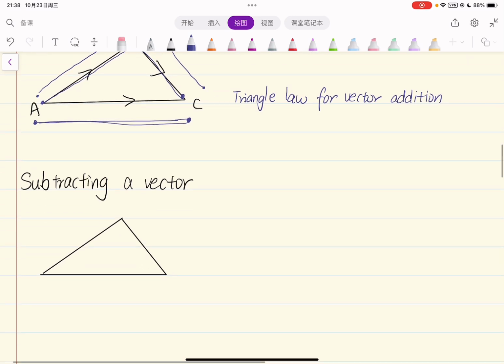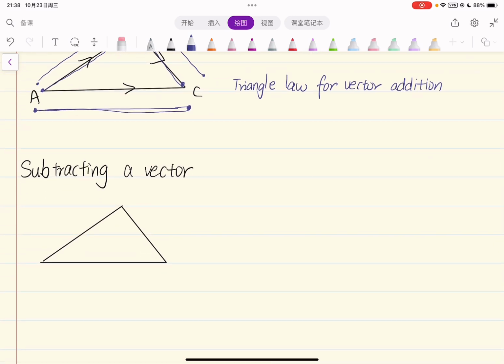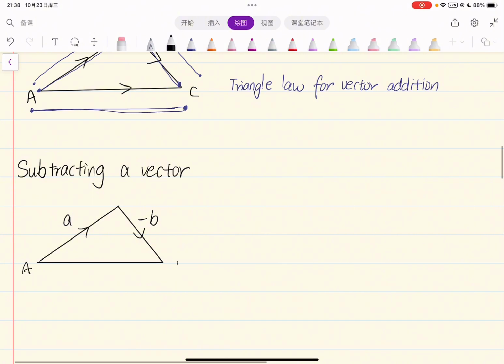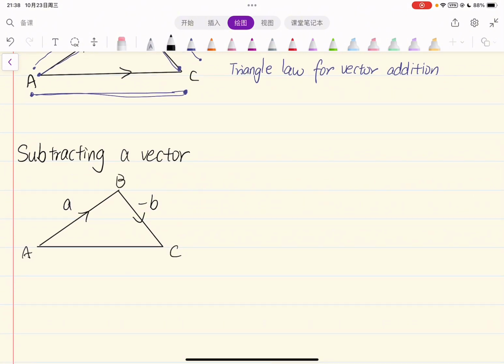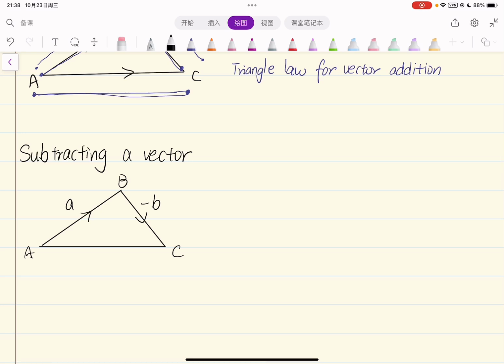If we subtract a vector, let us see, we have the vector a, and we call this vector minus b. So from the point A to the point C, what we have is a plus minus b. That is a minus b.